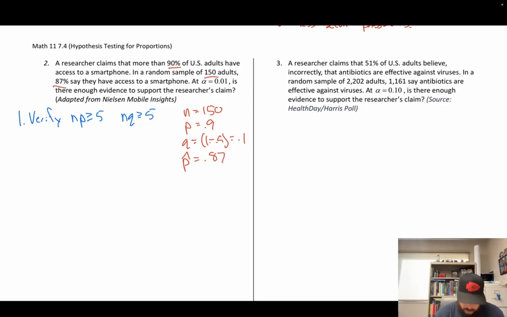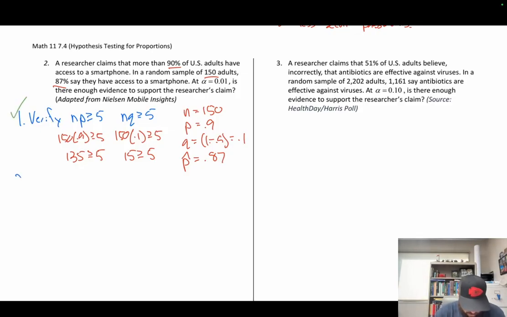Substituting those in, we get 15 is greater than or equal to 5 here, and we get 135 is greater than or equal to 5 there. Both of those check, so 1's good.